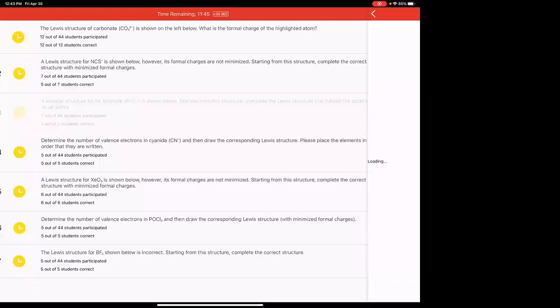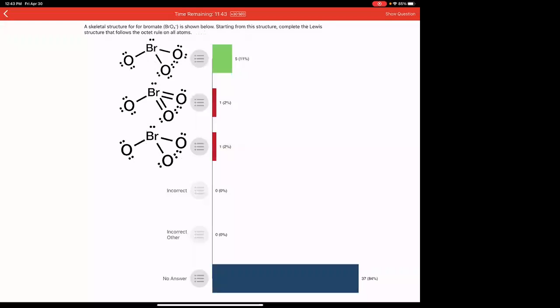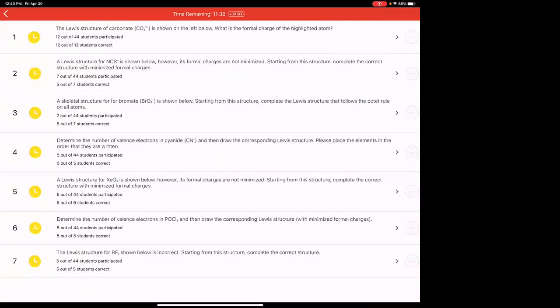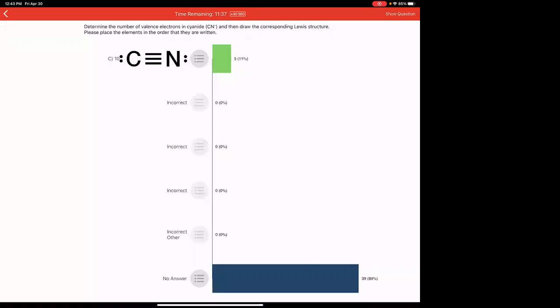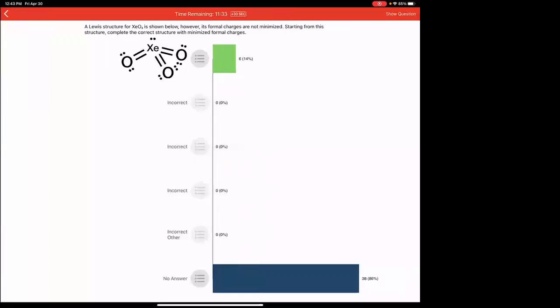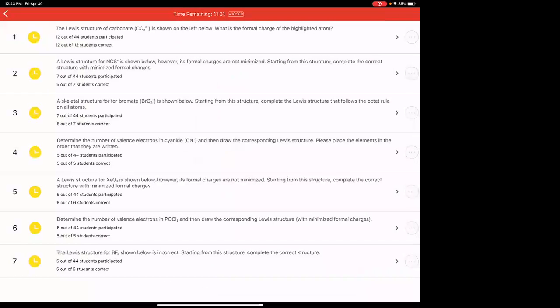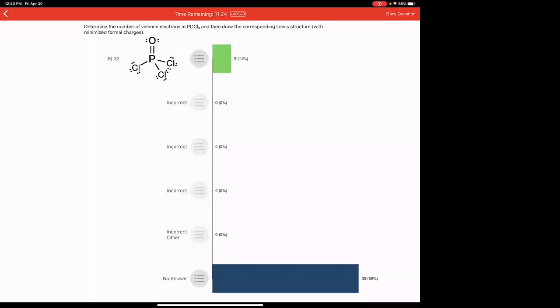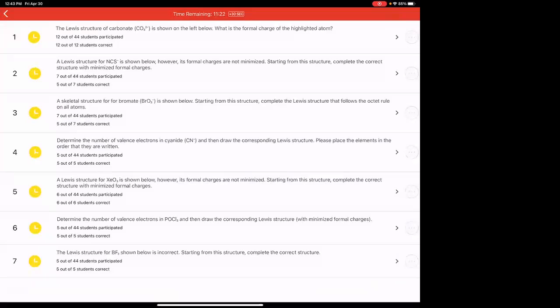Okay, so far so good. And you can see with a lot of these ones in the practice, it's asking you to minimize formal charge.